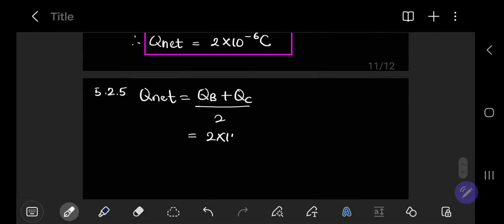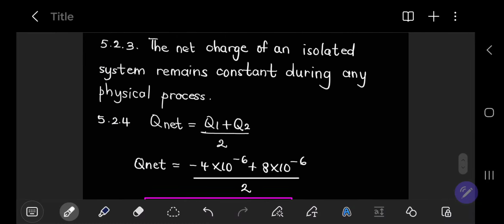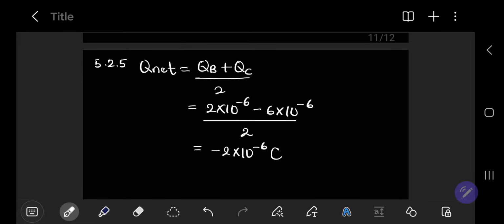That's going to be 2 times 10 to the minus 6. And we were given the charge on C as negative 6 microcoulomb. So that's going to be minus 6 times 10 to the minus 6 divided by 2, for which I get negative 2 times 10 to the minus 6 coulombs.